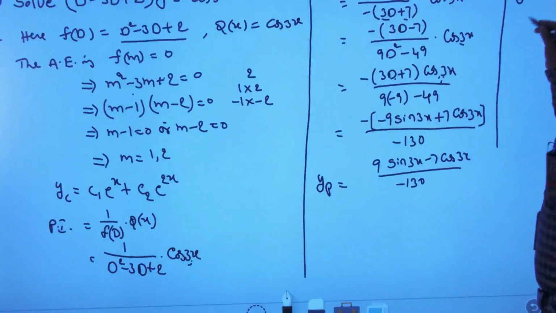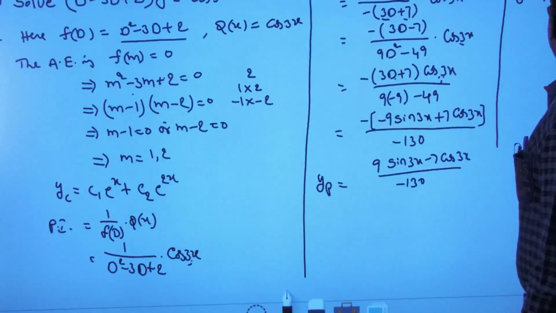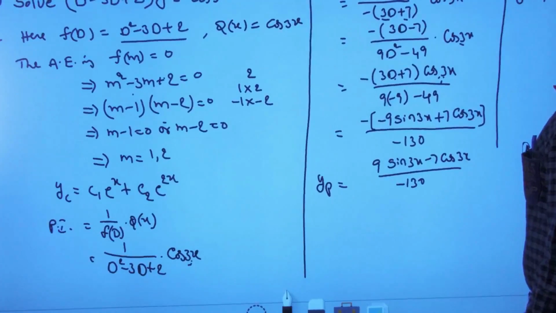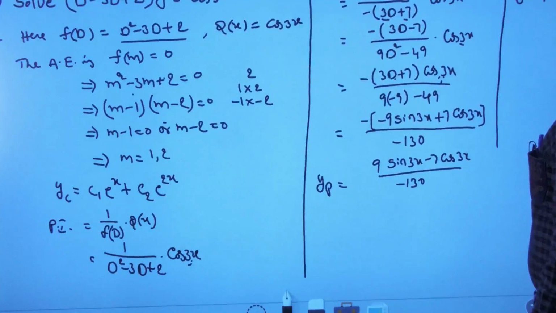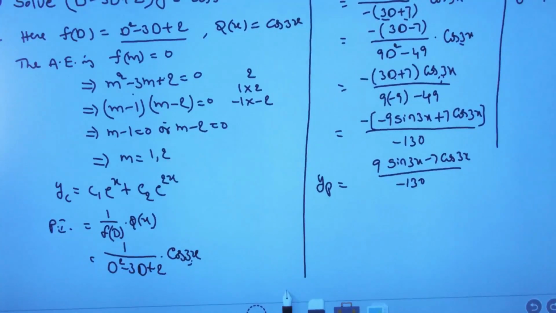So we write c1 e power x plus c2 e power 2x minus 1 by 130 into 9 sin 3x minus 7 cos 3x. So this is our solution, y is equal to yc plus yp.